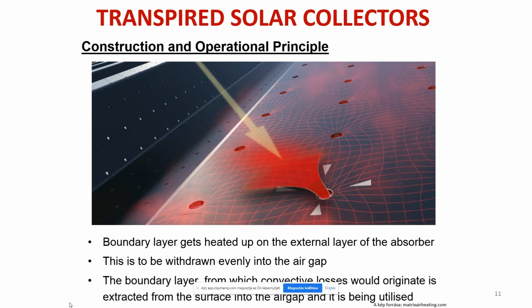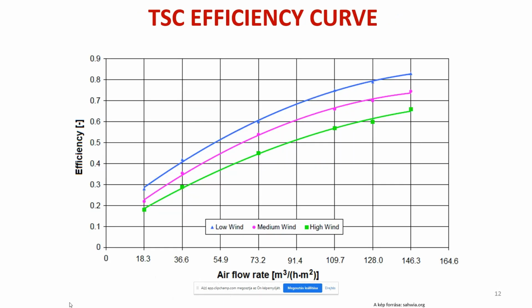And this absorber must be transpired equally so that there are no dead zones and no areas without transpiration. And once this minimal transpiration rate has been ensured, the external warm boundary layer of the absorber plate is sucked into the air gap earlier than convective losses would come to be from the external surface.